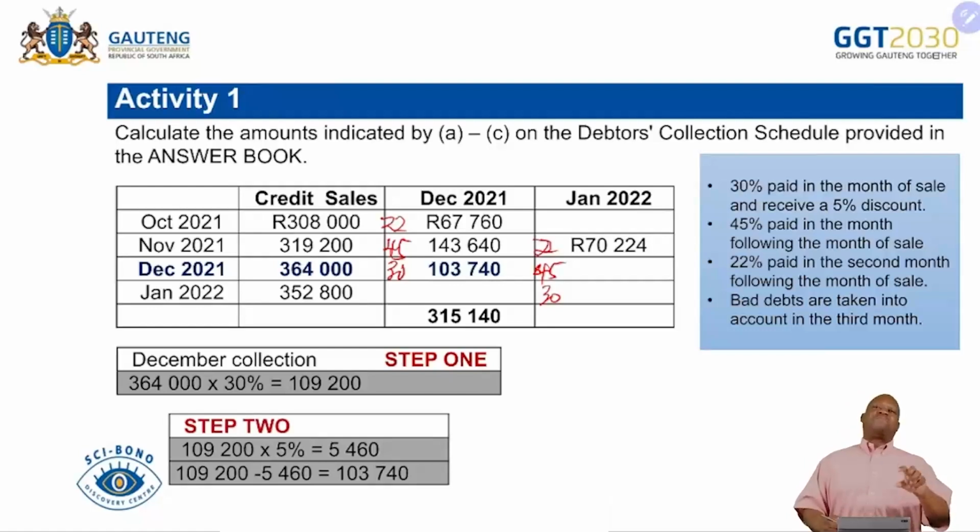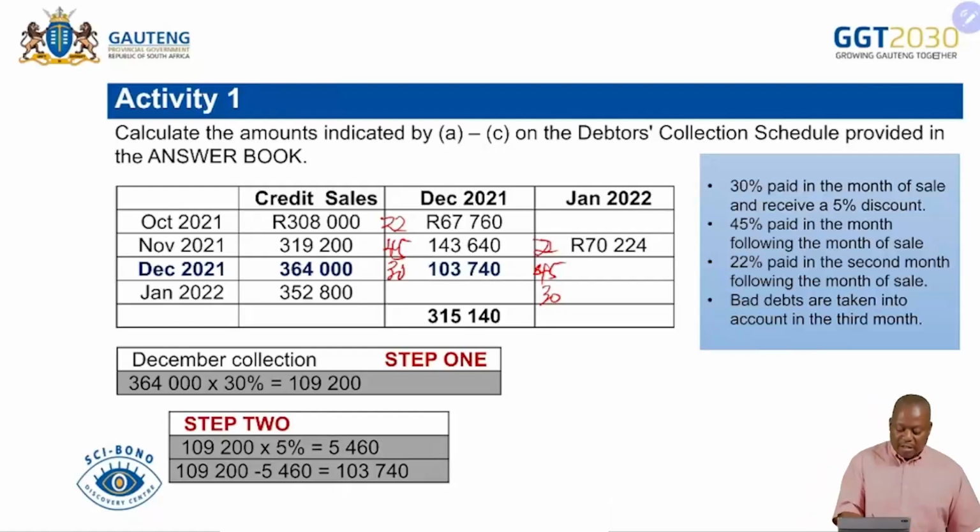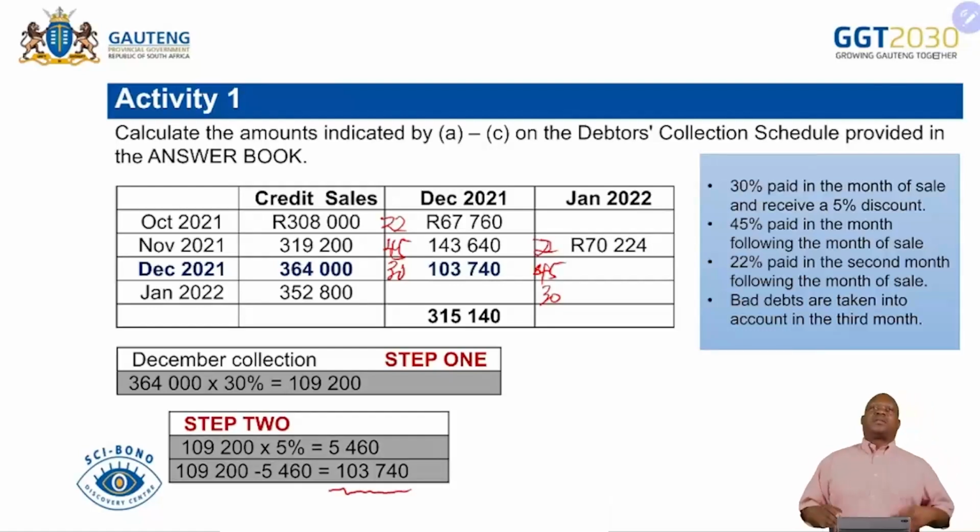But remember, the 5% is discount, so we are going to take it off. It therefore means we are going to have our 109,200 minus 5,460, and it's going to give us 103,740.